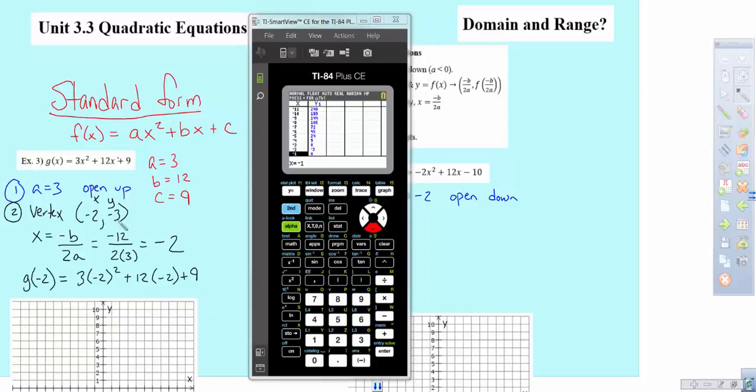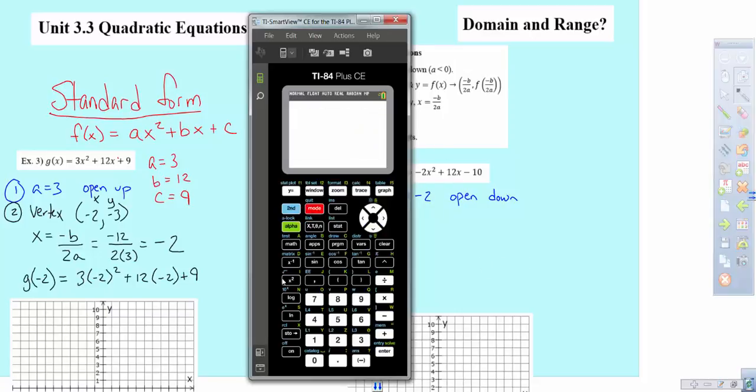That's the same thing as if I went to my home screen and plugged in 3 open parentheses negative 2 squared plus 12 open parentheses negative 2 close plus 9, and it gives me negative 3. So all I was doing was using the table of values so I could see a visualization of my graph to find my vertex.